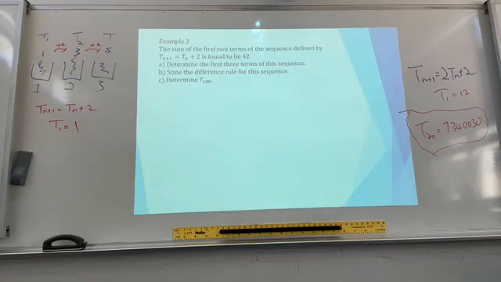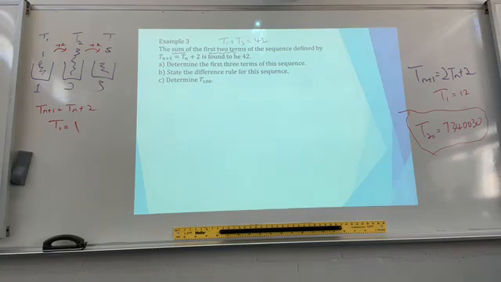Okay? Let's try number 3, please. Example 3. The sum of the first two terms of the sequence is found to be 42. So, sum of first two terms, T1 plus T2 equals 42.